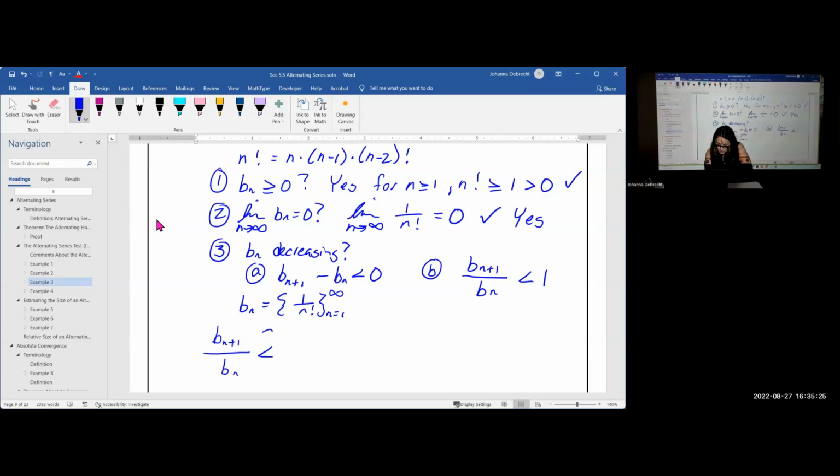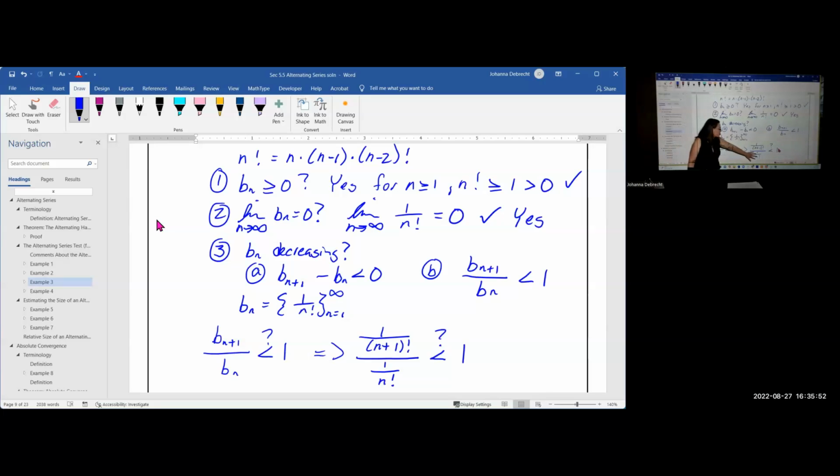So I don't know if it's less than 1. I'm trying to prove that. So now B sub n plus 1 must be equal to 1 over, replace the n with n plus 1 factorial, over 1 over n factorial. And I'm trying to show that that is less than 1, all right? This is what I'm trying to prove.